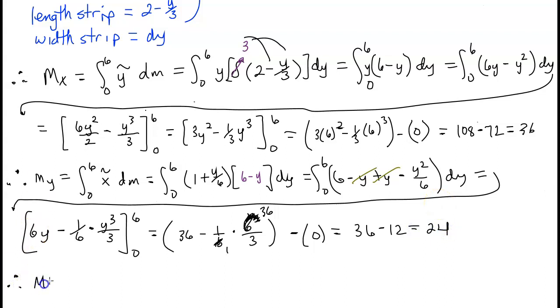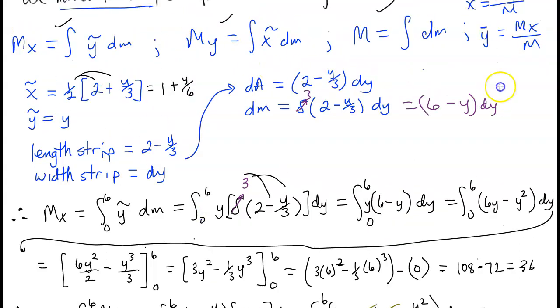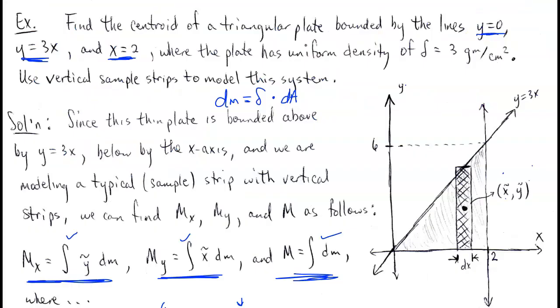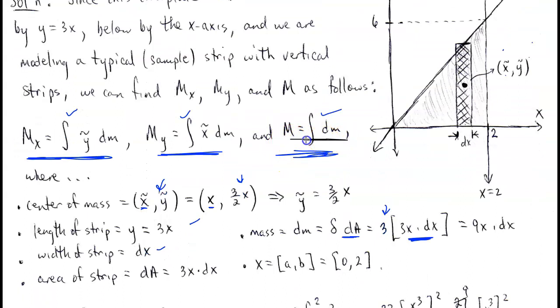And last but not least, the system mass will be the integral from 0 to 6 of dm. And of course, this dm is no different than the dm that we had before. So if we go over here, this is going to be the same dm.